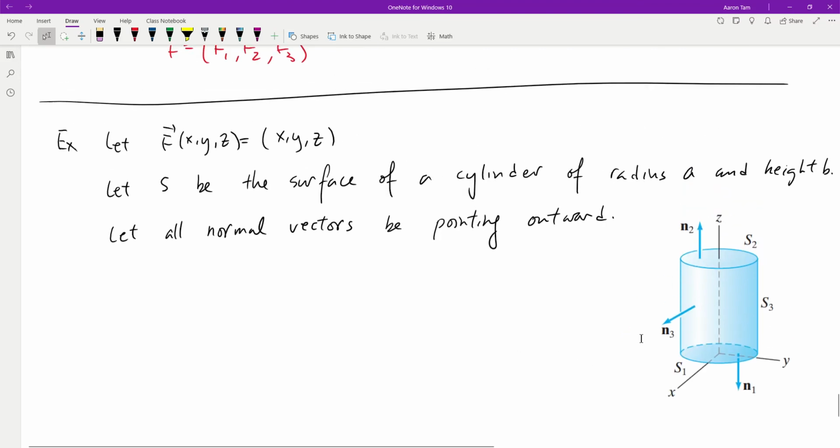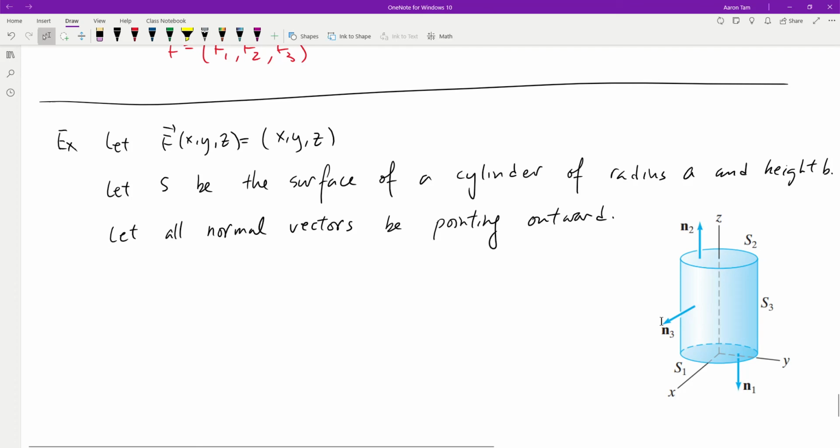That S would be a surface of a cylinder, and I'm saying all the normal vectors are pointing outward from the cylinder. The surface S is actually formed by three different surfaces: the bottom circle, the top circle, and the lateral area. Each has its own normal vector: at the bottom, the normal vector points straight down; at the top, straight up; and on the lateral area, the normal vector points outward.